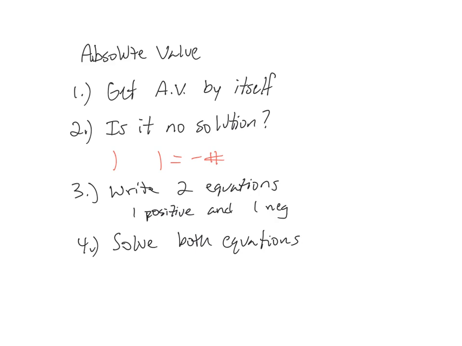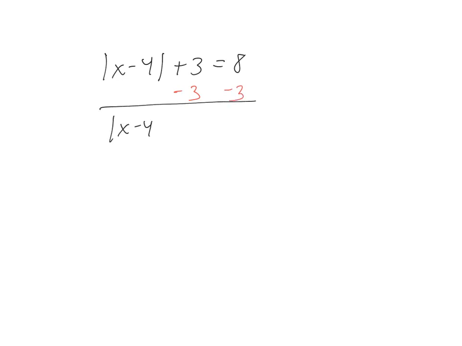Okay, so let's look at a couple of examples. So get the absolute value by itself. I don't like the plus 3 over there, so I need to minus 3. I'm never going to do anything to the absolute value, or what's on the inside.